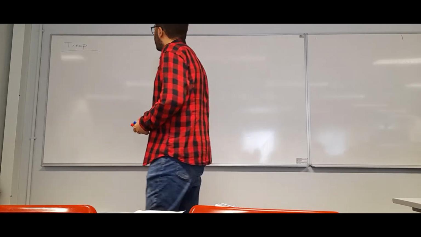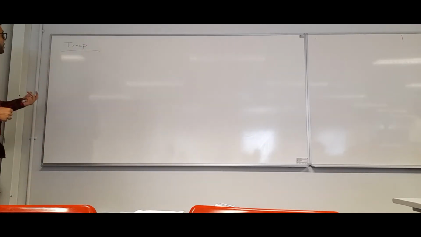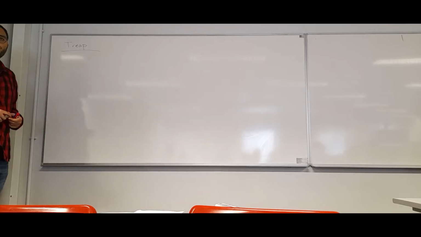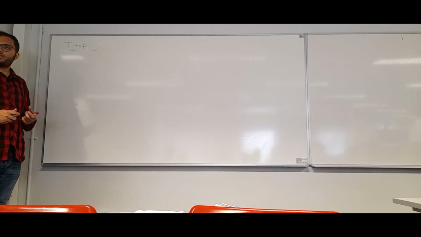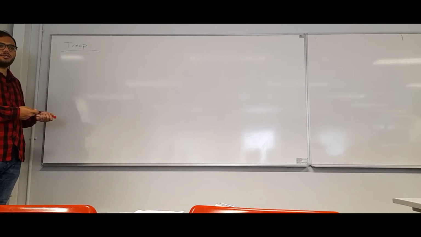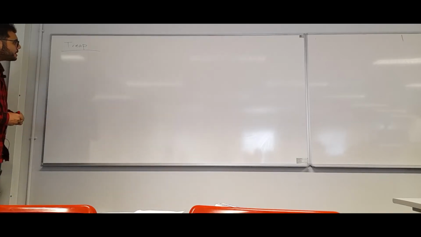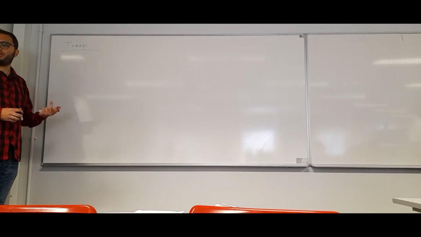So, what's a Treap? In normal binary search trees, we usually have a bunch of elements, and each element has a key. And then we create our binary search tree based on the keys that we have on our elements. In a Treap, every element has two different keys, let's say, or maybe let's call one of them a key and one of them a priority.